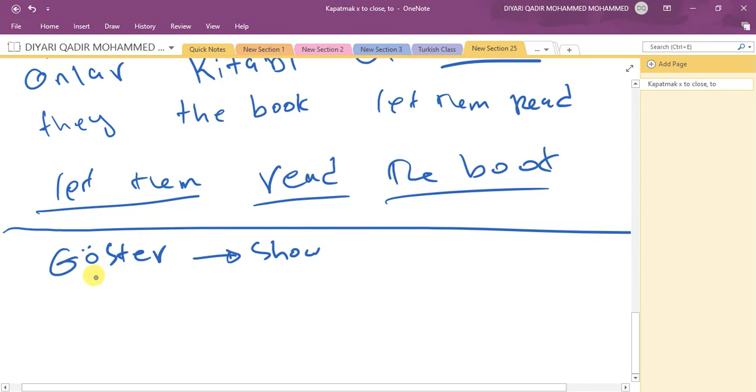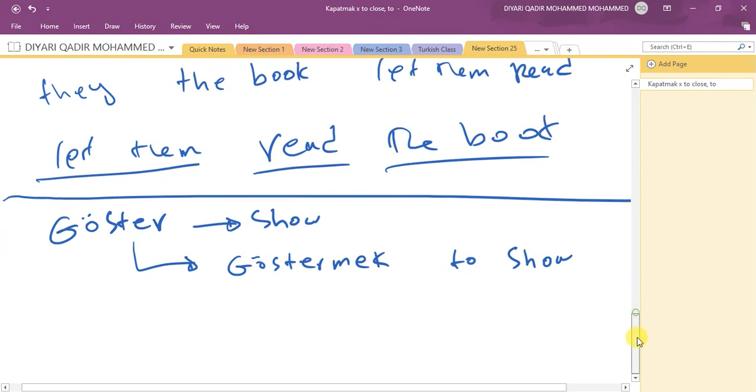Göster, for example, means show. What's the original of this word, by the way? Göstermek. It's easy. Göstermek means to show. For example, this is göster.